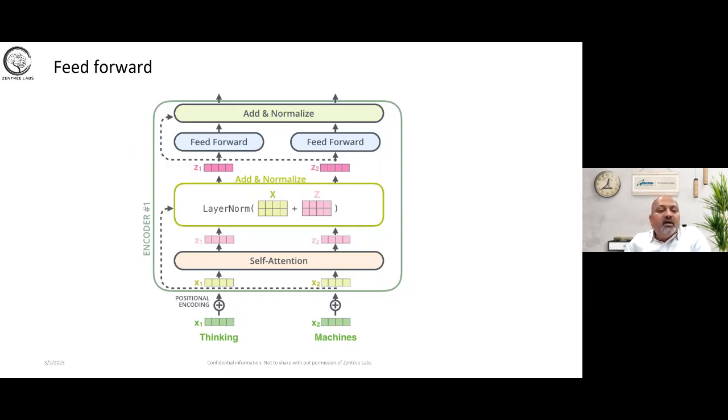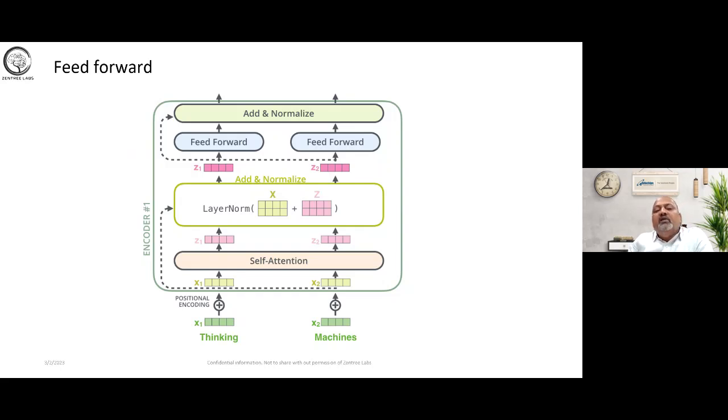Now you are doing a skip connection here, where you are taking these inputs X1 and X2 and adding them to Z1 and Z2. That means you are boosting your positional information, adding it to the contextual information encoded through the self-attention.